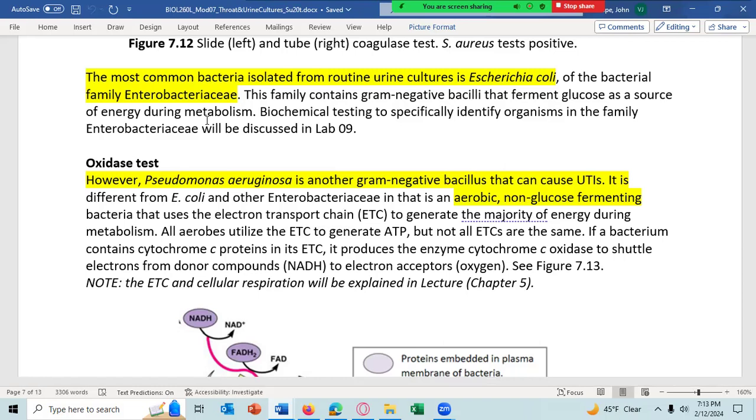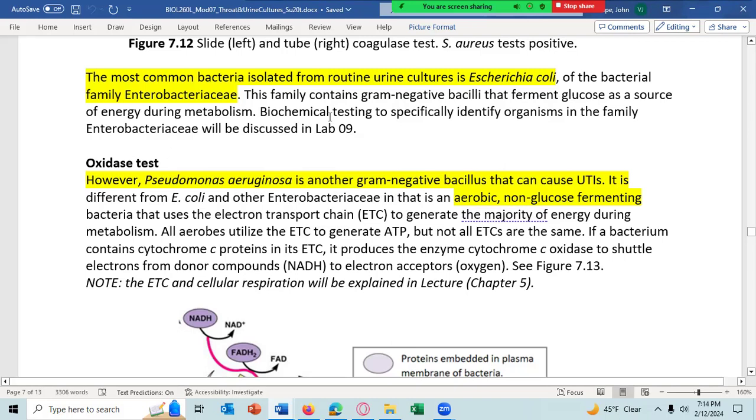Both the Pseudomonas and the Enterobacteriaceae are gram-negative bacilli. They do have some differences besides the oxidase test. The Pseudomonas perform aerobic respiration. The Enterobacteriaceae are facultative anaerobes.